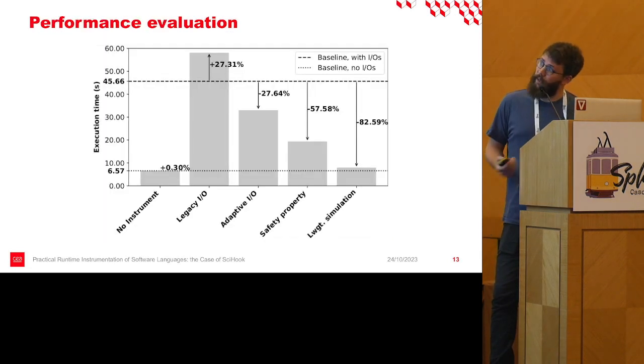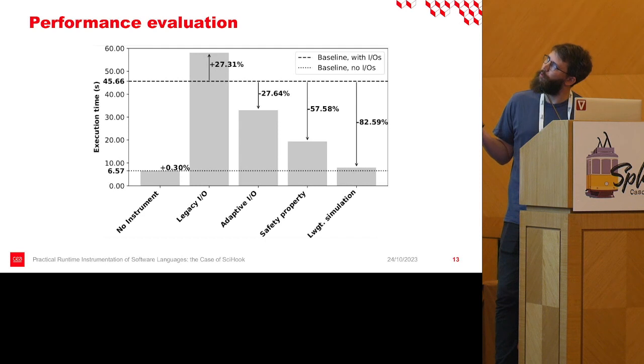And so speaking about that, here is some performance evaluation where we can see we have two baselines. Here we have a baseline without IOs, where we are not writing any data. So basically the simulation is useless, but it's still computing stuff. And here we are writing the data. And so just to be quick, the monitoring case I showed you is here.